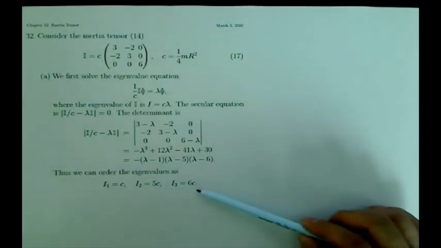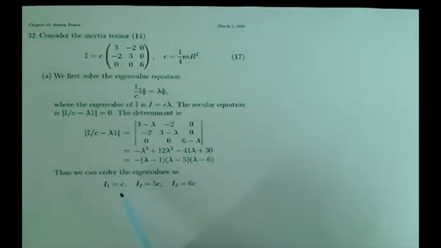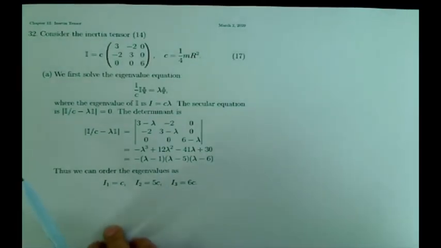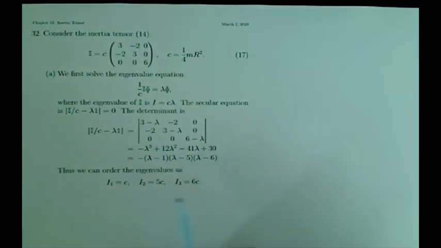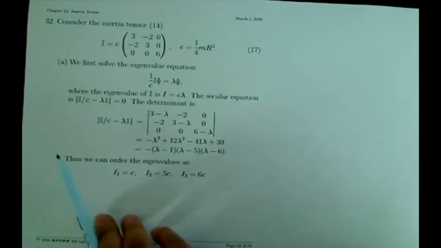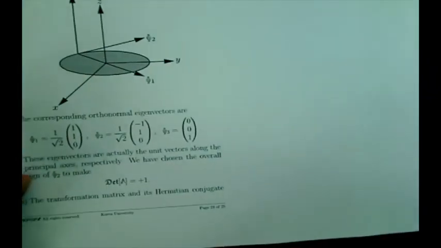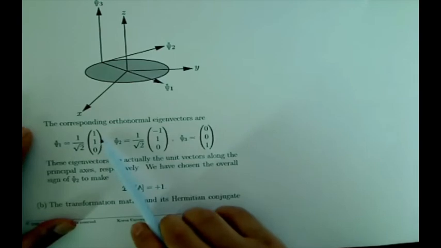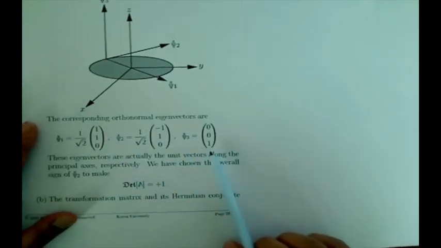The eigenvalues for these three values are all different, and they are called the principal values for this inertia tensor. For each principal value of the inertia tensor, we have eigenvectors, and those eigenvectors are found to be this, and this.